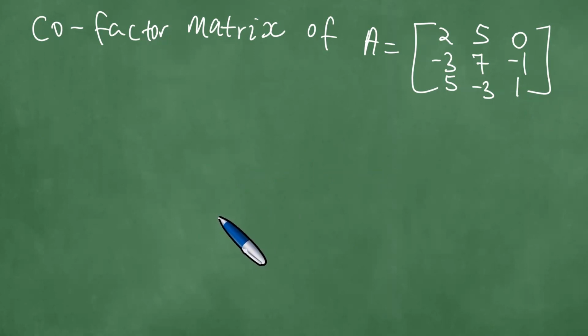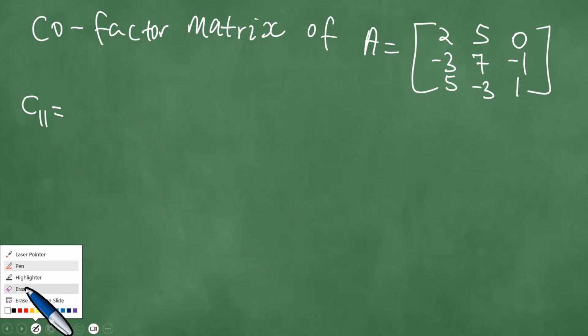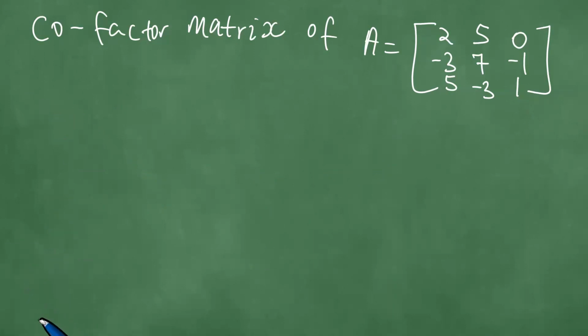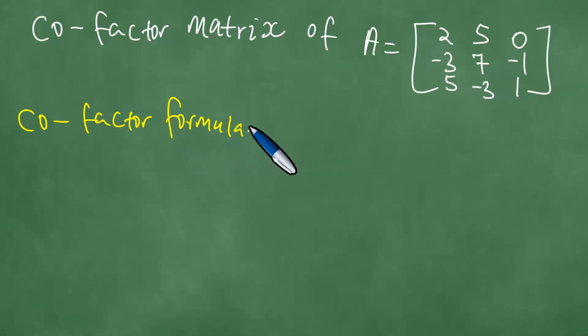So what do we do with this now? Want to get the cofactor matrix? So the cofactor matrix is obtained as follows. The cofactor C11. So in other words, there's a formula we use. The cofactor formula.